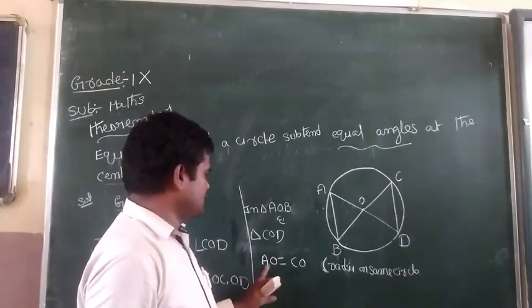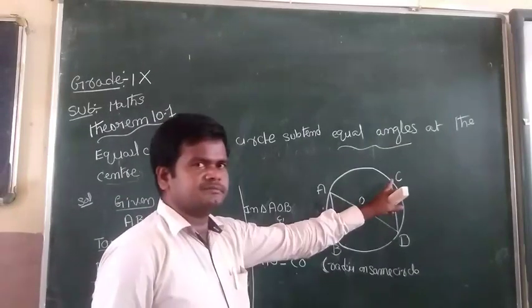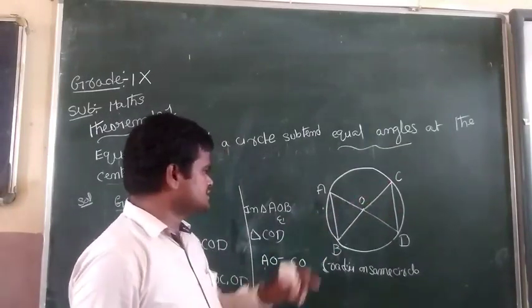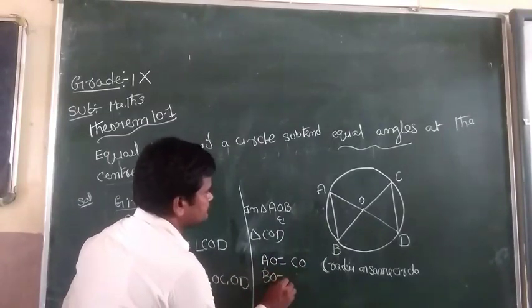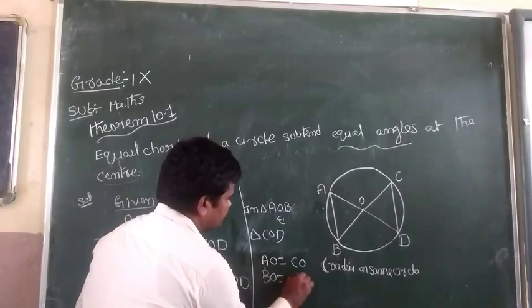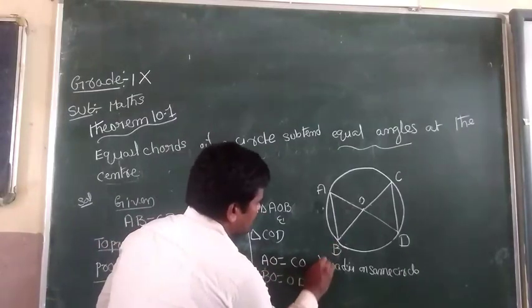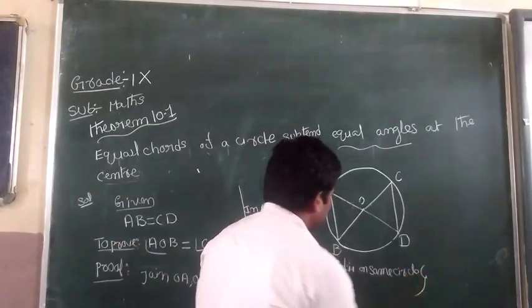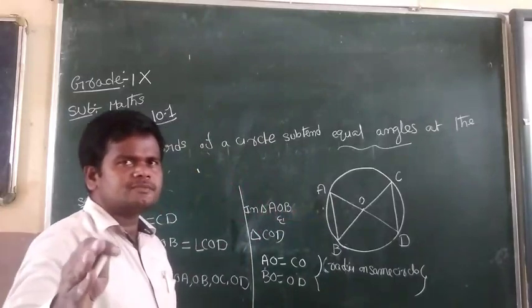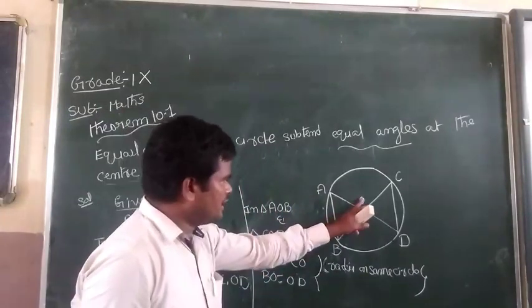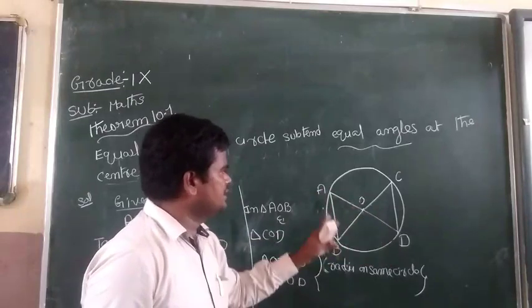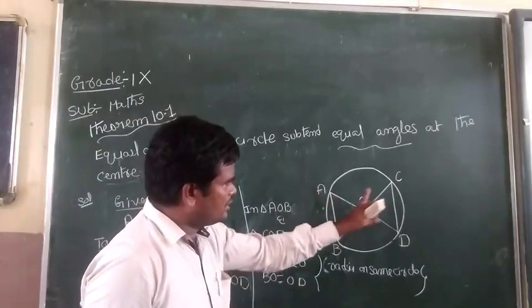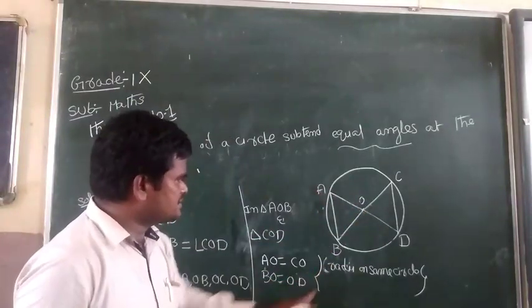And BO equals OD. This also has the reason radii of the same circle.